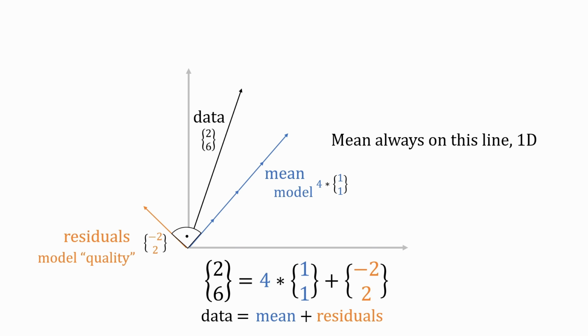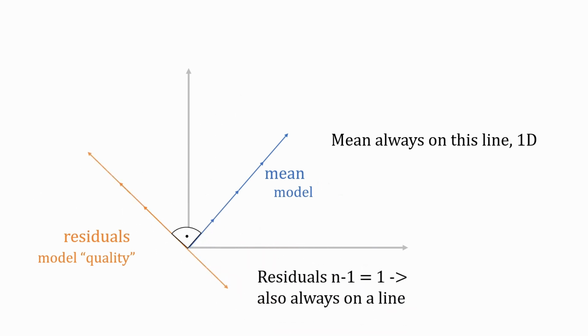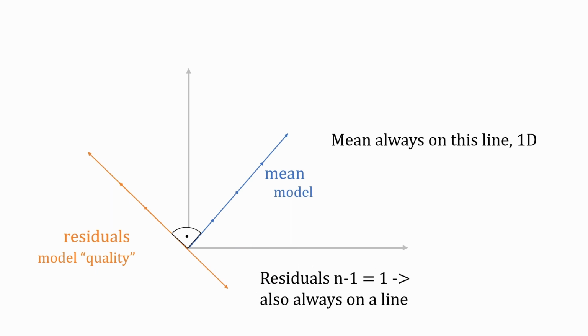Now, because the mean vector is constrained to lie on a single line, and we are in 2D space, the residual vector also needs to lie on a single line, just with a 90-degree angle. So the residual vector can only move in 1 dimension as well, and this equals the degrees of freedom it has. We estimated the mean and calculated the residuals based on that estimation, so our degrees of freedom are reduced to n-1, which is 1. So we can literally understand degrees of freedom as the number of dimensions the residual vector is able to move in.